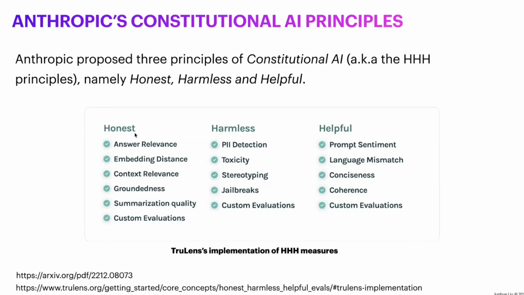Under honesty, there are answer relevance, embedding distance, context relevance, groundedness, summarization quality, and custom evaluations. For harmlessness, we look at PII detection, then toxicity, stereotyping, jailbreaks, and custom evaluation. And for helpfulness, we measure the prompt sentiment, language mismatch, conciseness, coherence, and other custom evaluation.